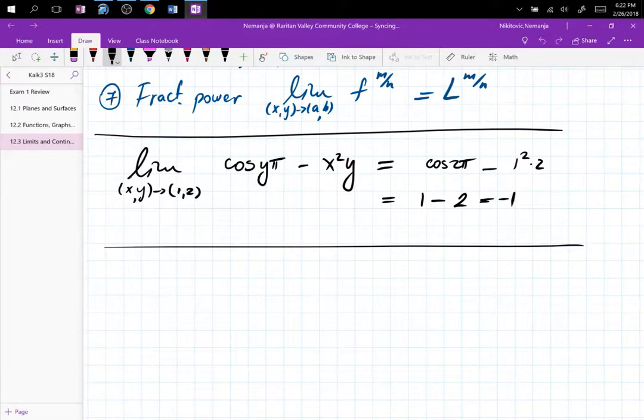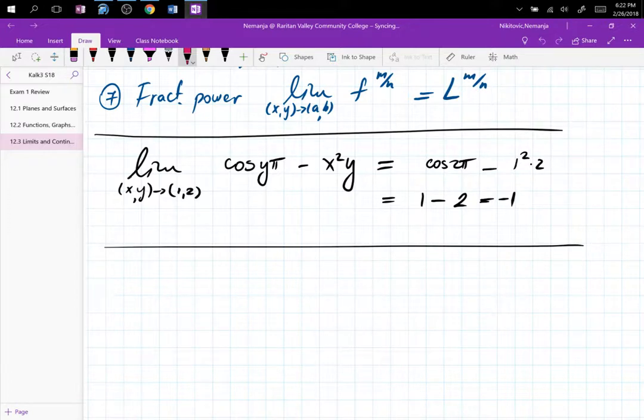So let's first define interior and boundary points, and then open and closed sets, and then from there we'll take a look at the arguments for figuring out that the limit does not exist for these multivariable functions.